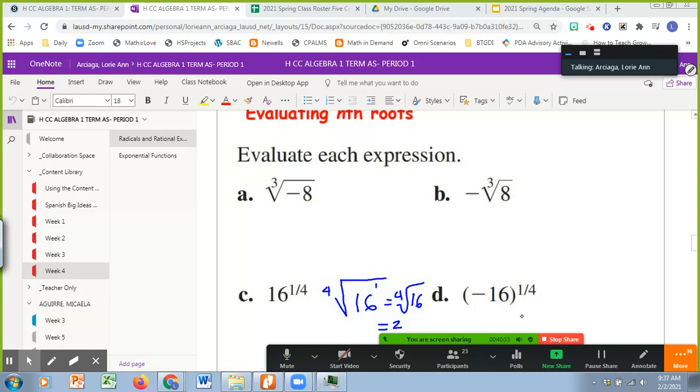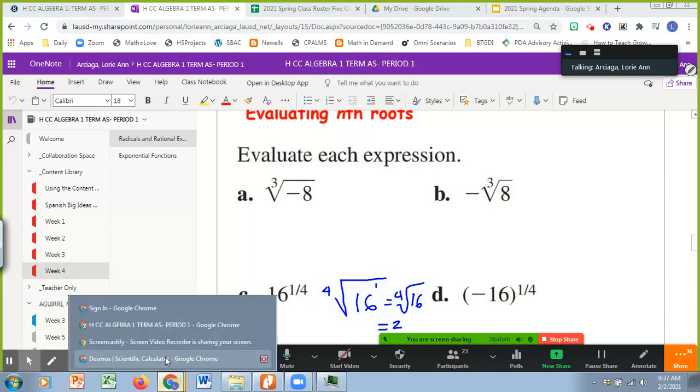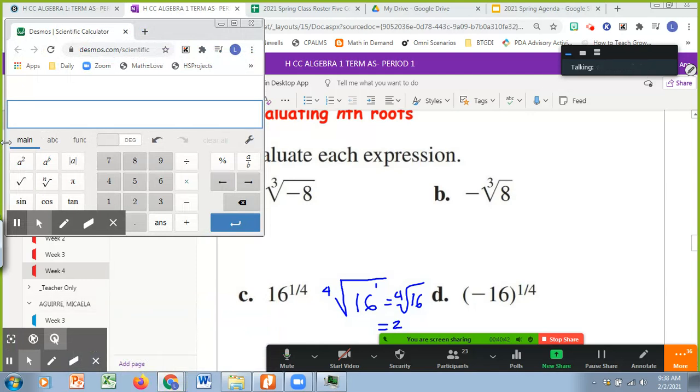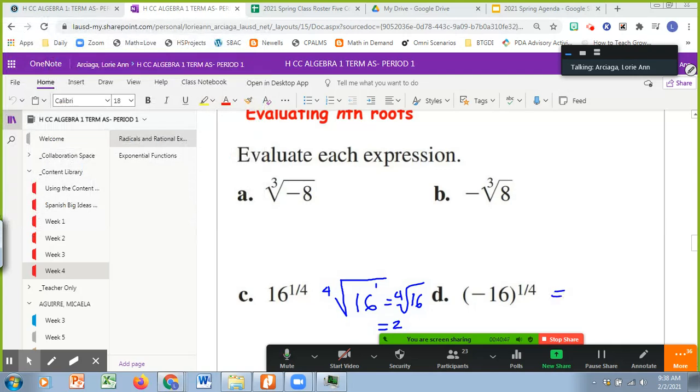Okay, letter D. Let me see what your calculator shows on that one. Did you try that one? If you write that in your calculator, remember the base is negative 16, in versus out. So in goes 1, 4 goes out. Undefined. Very good. So in other words, it won't have an answer. Why?